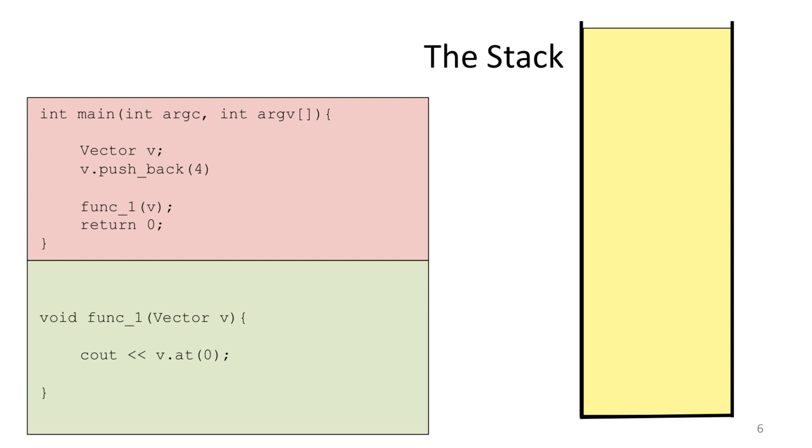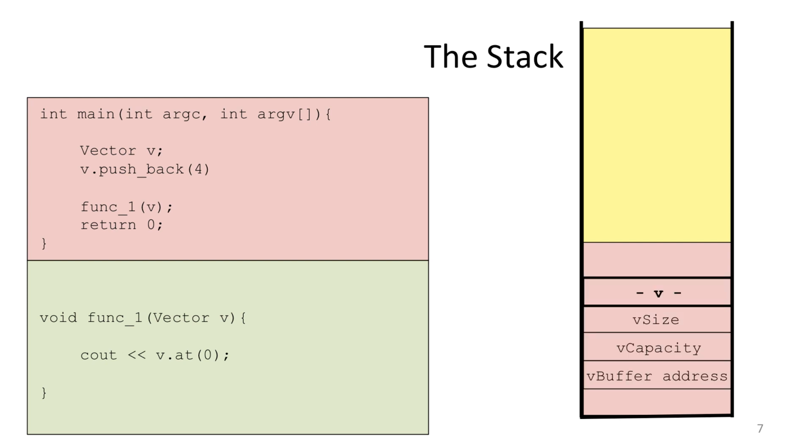Let's take a closer look at this main function. That goes onto the stack, and along with it go its arguments, which would be argc and argv, and in addition to that, any variables that are declared in main. In this case, one of the variables declared in main is this vector. And with that vector come all of its data fields that are declared in the vector class.